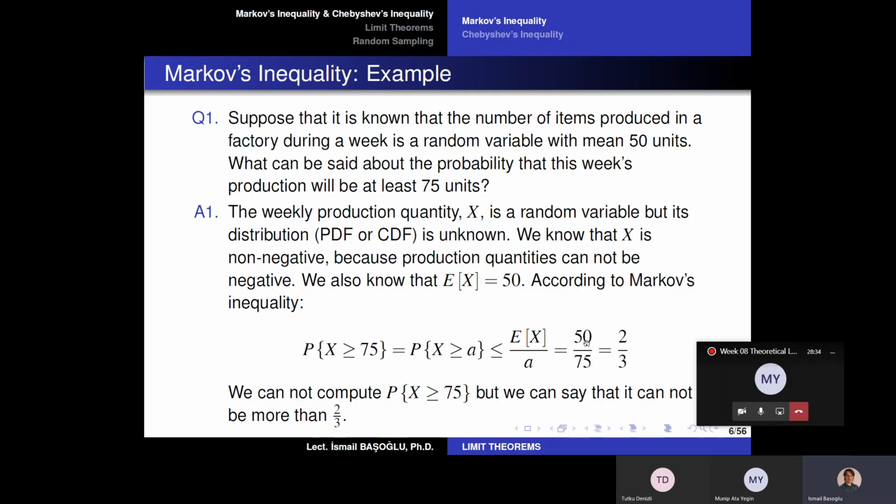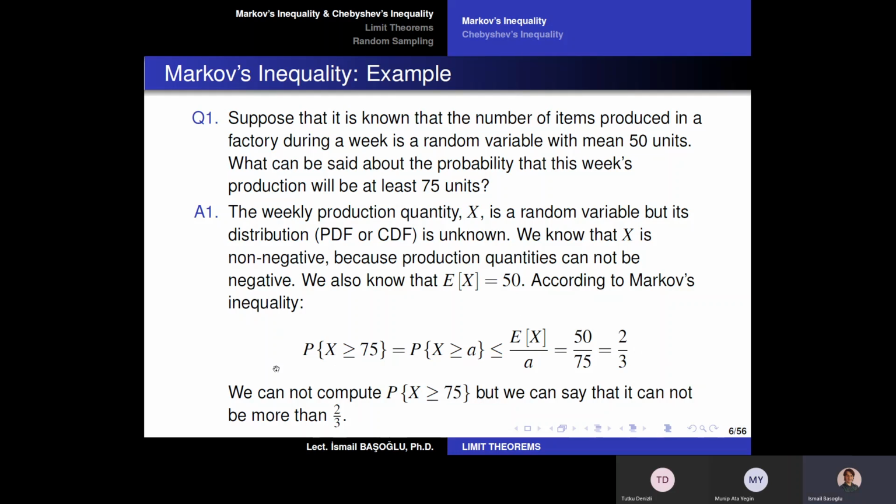The expected value of x is 50, and the a value asked in the probability is 75. So what I know is that the probability of having the production of the next week be at least 75 units is never greater than 2/3.